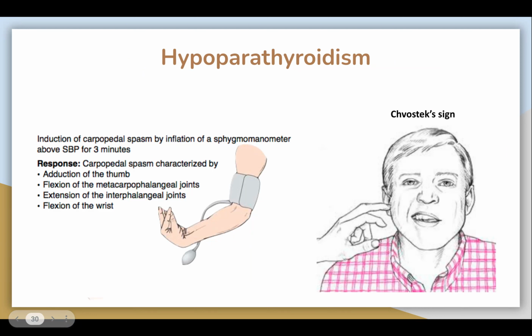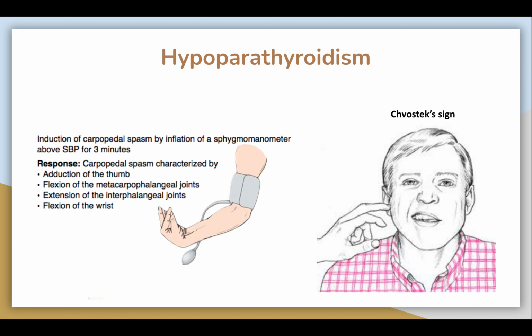Hypoparathyroidism happens usually in a patient who has undergone a total thyroidectomy. For example, during cases of thyroid cancer, where the surgeons have to remove the thyroid gland in its entirety. And you know that the four parathyroid glands are located at the back of the thyroid gland, usually within its capsule.